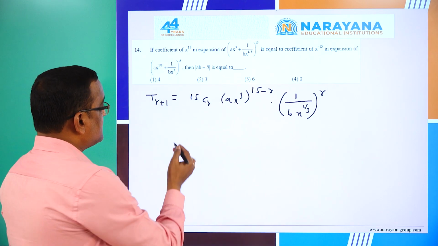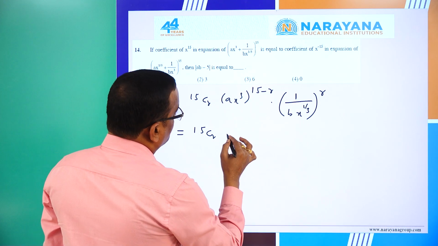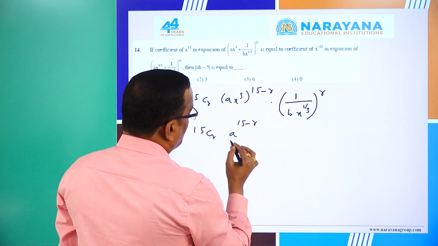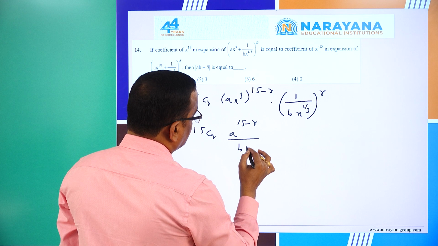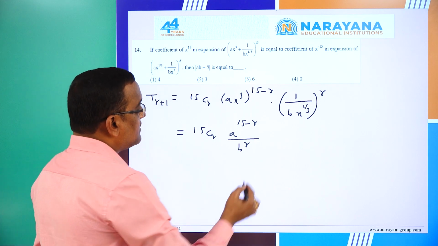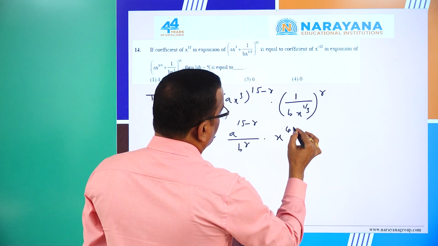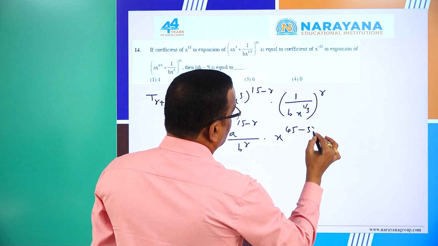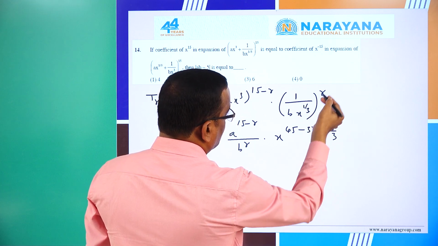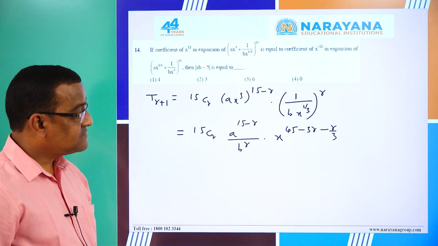This you can write as 15Cr into a^(15-r)/b^r, I am just separating the constant. Now coming to x power, this is 45 minus 3r minus r/3. Here (bx^(1/3))^r becomes x^(-r/3).